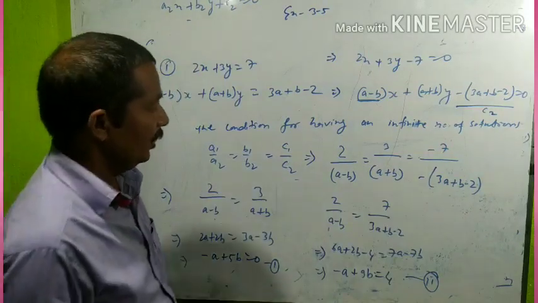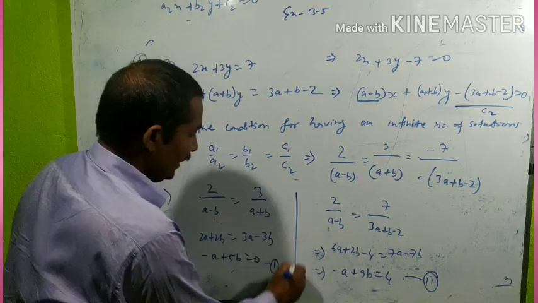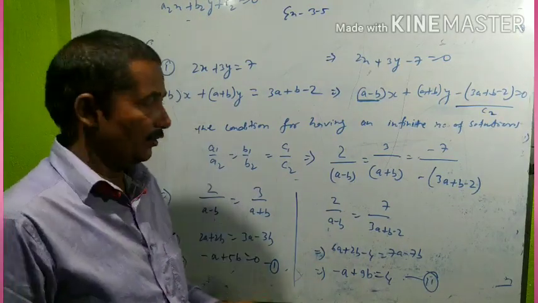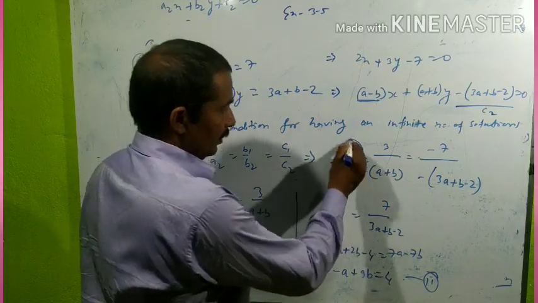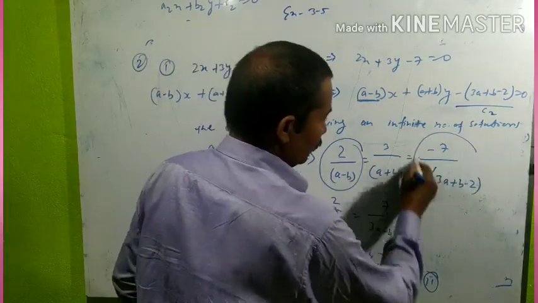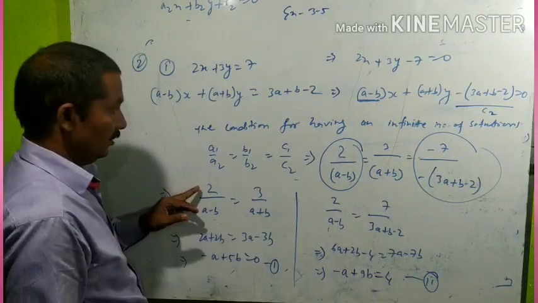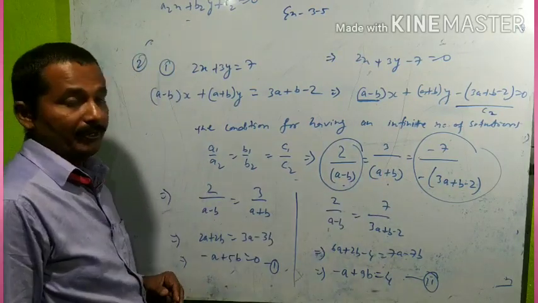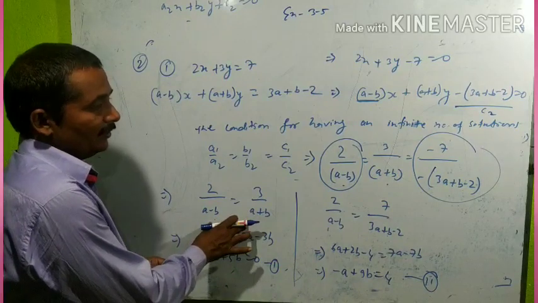And then I have made two equations here. You will compare this one is equal to this one, as I have compared here. Or this one is equal to this one, you can also compare. But I have compared here.